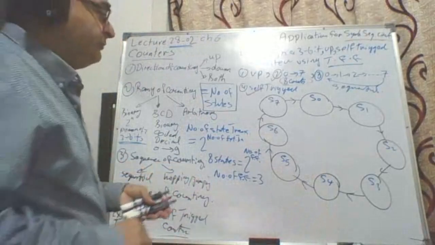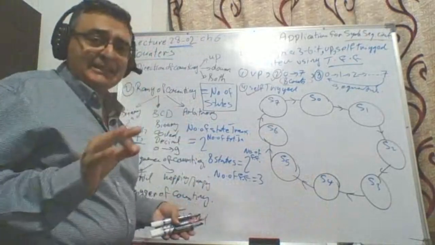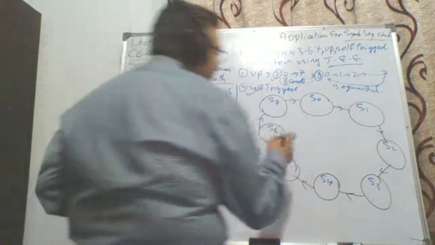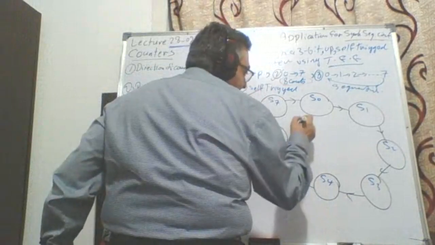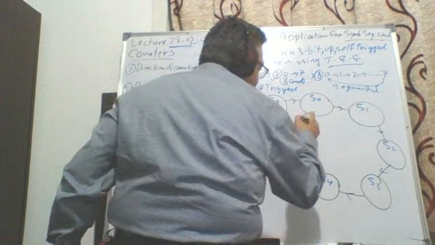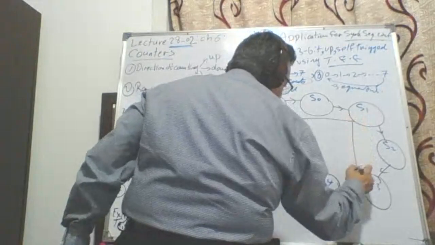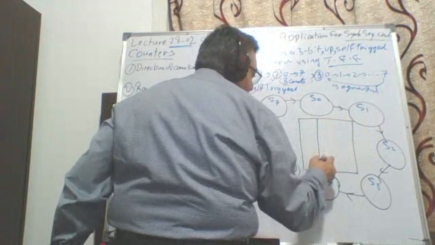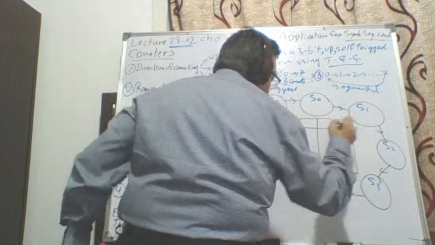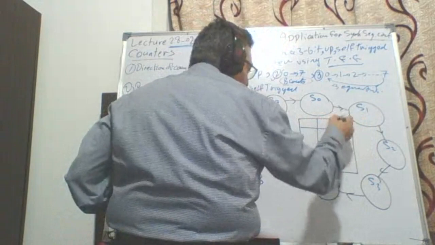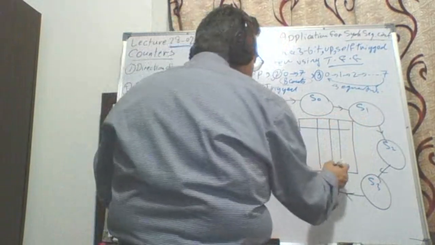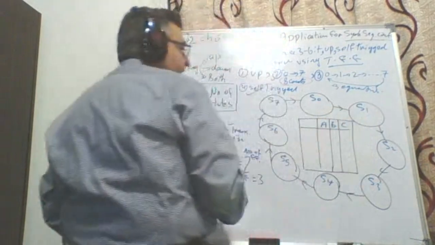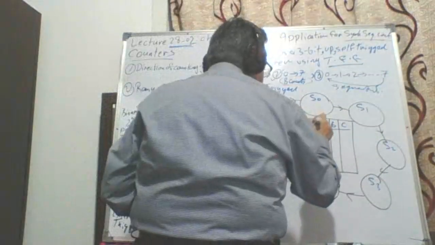Okay, so what's left for me is to do the state assignment. Now, since I have 3 flip-flops, I need a table to indicate which state will be assigned to which combination of my state inputs. Here I have 3 bits, and usually we call those flip-flops flip-flop A, flip-flop B, and flip-flop C. And here is the state.